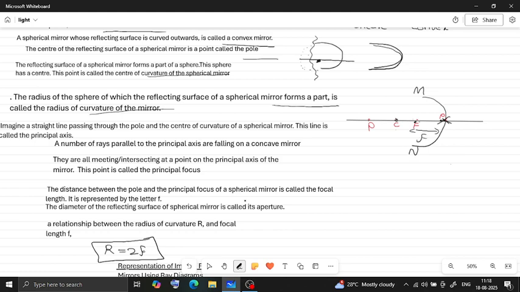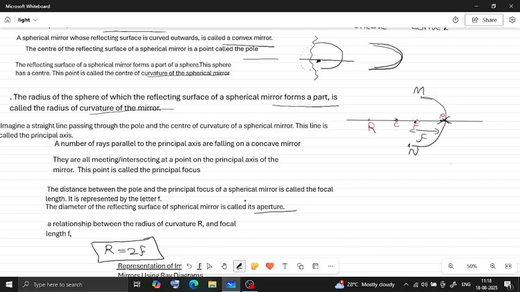It is represented by the letter f. Then the diameter of the reflecting surface, marked as MN, is called the aperture of the reflecting surface.